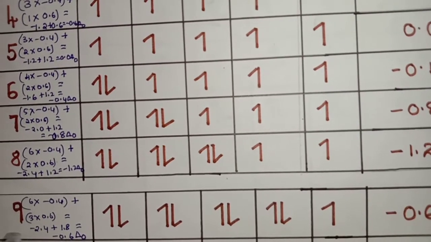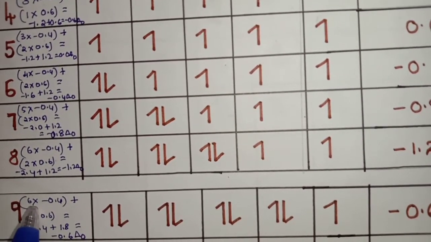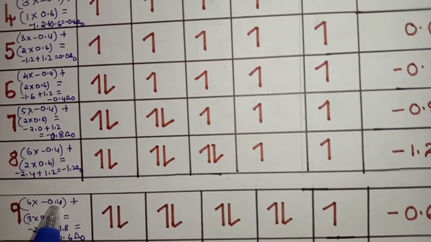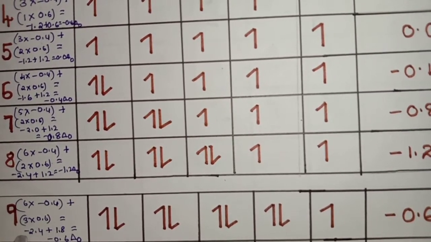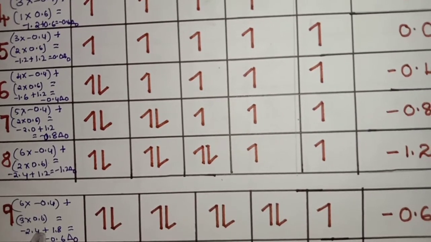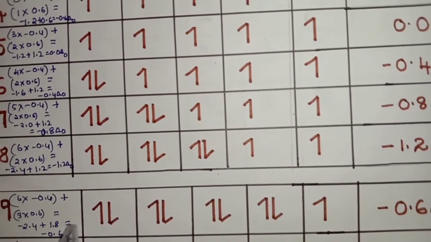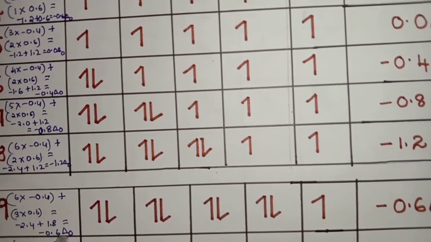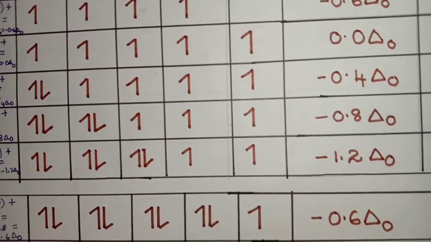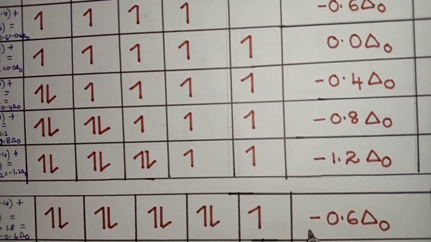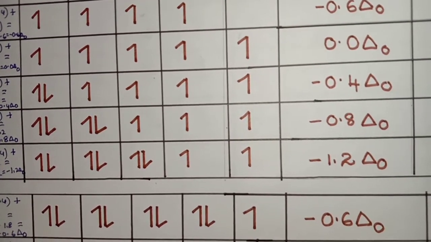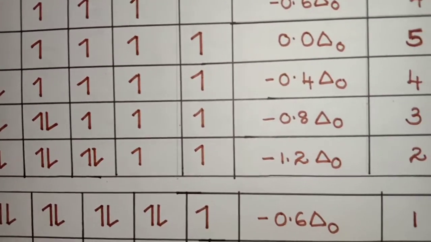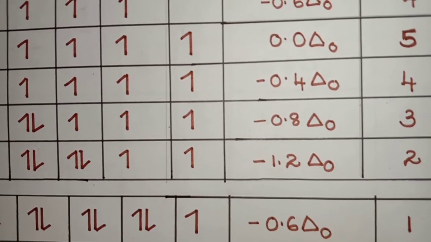Calculation I have shown here students. 6 into minus 0.4 plus 3 into 0.6 is equal to minus 2.4 plus 1.8. It is equal to minus 0.6 delta O units. Okay, so this is what I have written here, minus 0.6 delta O. How many unpaired electrons students? Only one unpaired electron. Clear?